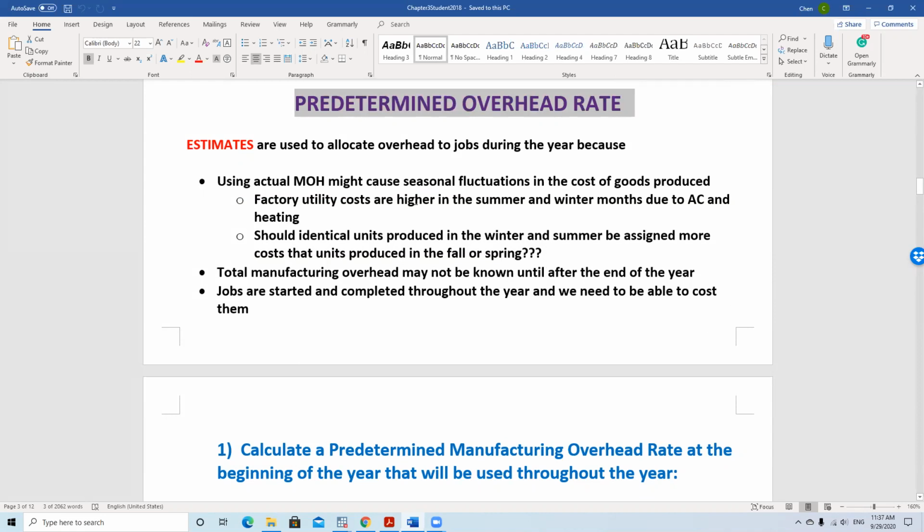For the predetermined overhead rate, you are going to allocate the overhead to jobs during the year.